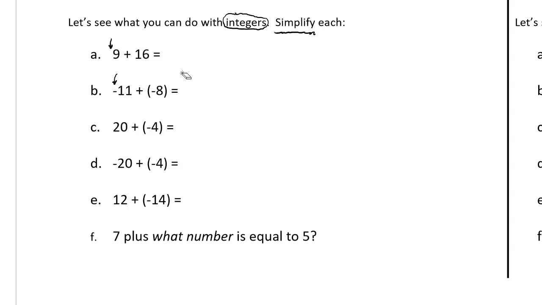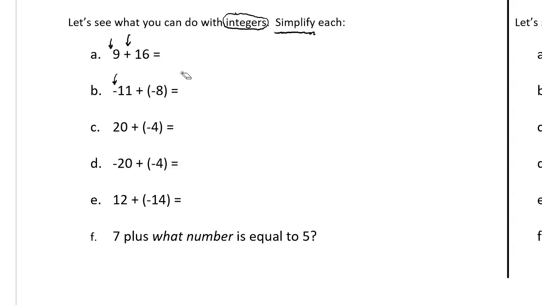An operator symbol is printed in between two numbers. For instance, in question A, the operator is this symbol, the adding symbol. The operation is addition. It's very important in math, whenever you're asked to simplify an expression that contains numbers and operators, that you identify what the numbers are and what operation you are asked to perform with them.